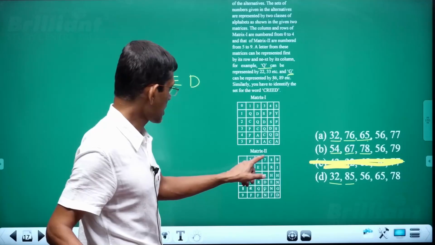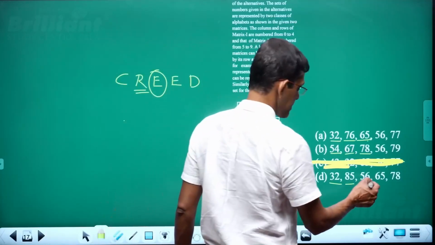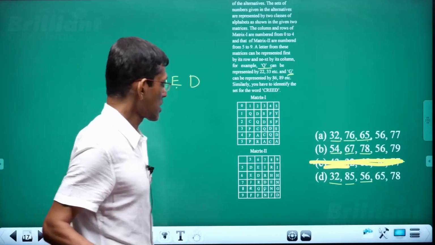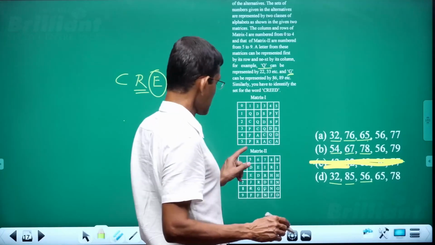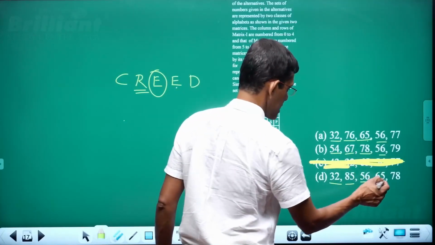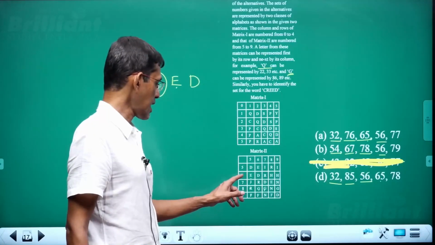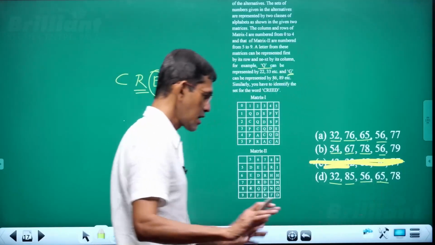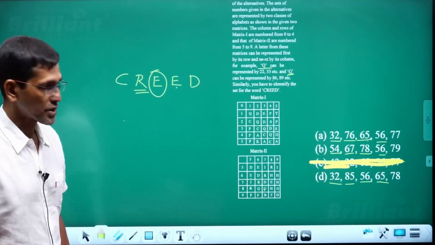So 5 is here, 6 is here. E, possible. And next one we have another E, this one. So 56 is possible, right? We have checked it out. E, possible. 56, 56. And 65, 6 and 5. Well, E is 6 and 5 possible as well. So far, 3 answer choices are doing good.